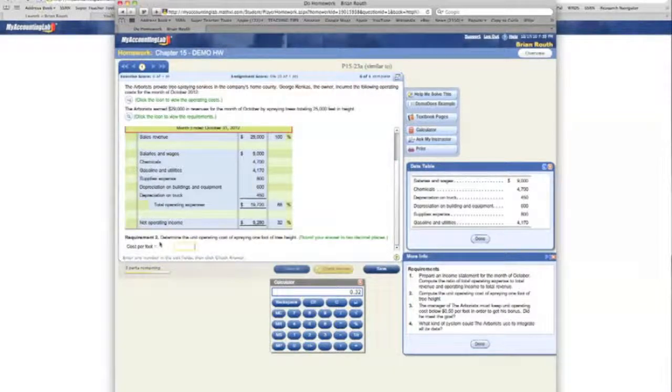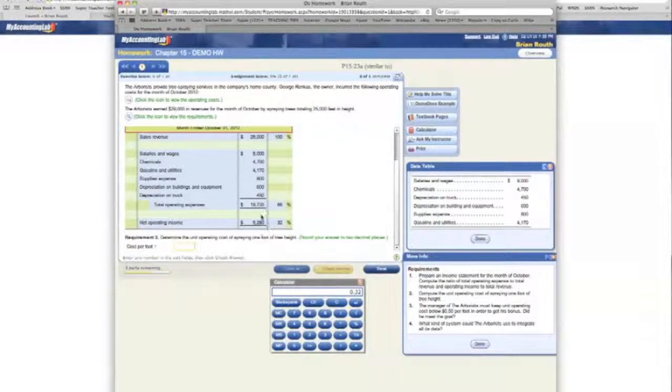So in Part 2, they want me to determine the unit operating cost of spraying 1 foot of tree height. So you have to pay careful attention to what it's asking for. It wants my unit cost, not unit revenues. So we're going to use this $19,720 number. And we sprayed 25,000 feet in height.